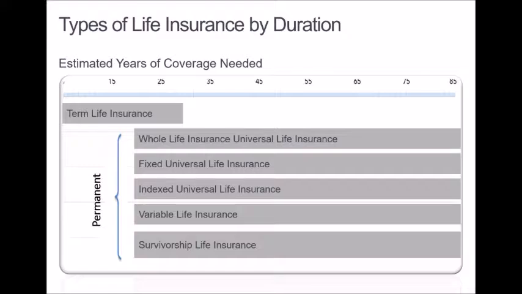For longer duration needs, term insurance doesn't work very well. A product meant to provide coverage for a lifetime may be more appropriate. These include whole life insurance, variable life insurance, and universal life insurance.